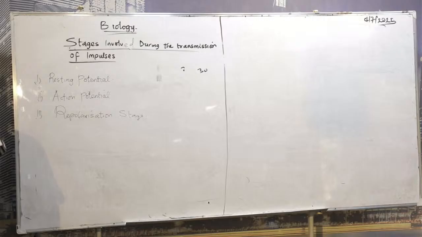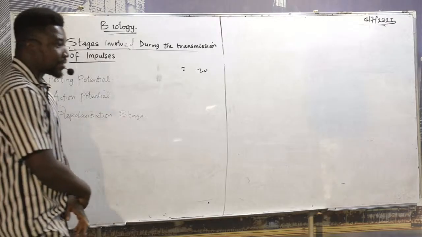So let's move ahead. Now, listen. Most of the exam bodies like asking questions from this part because it involves ions. Do you understand? They may ask you, when will a neuron be polarized?